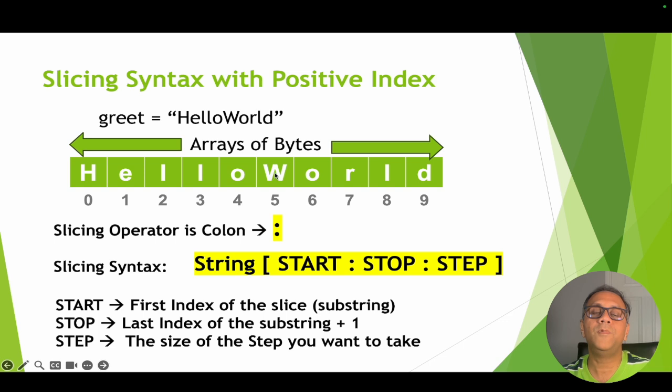You will first have the W here. Then you will ignore O and go to R. So you are taking 2 steps to get the R. Then you are ignoring L and getting D. So again 2 steps. In this case, you are taking 2 steps at a time. For this case, you will use step 2. Hope it's clear. It will be more clear when you see an example in the code.